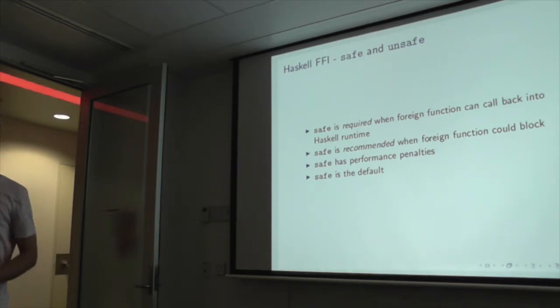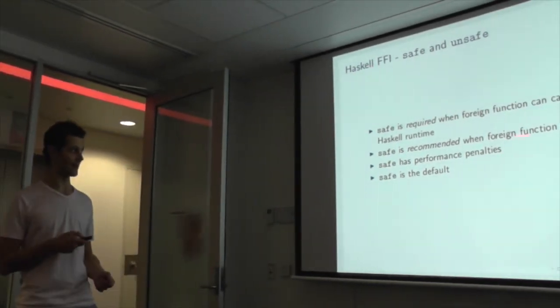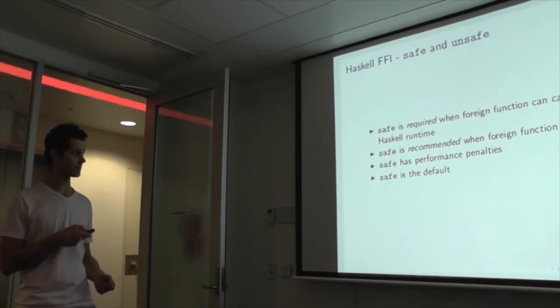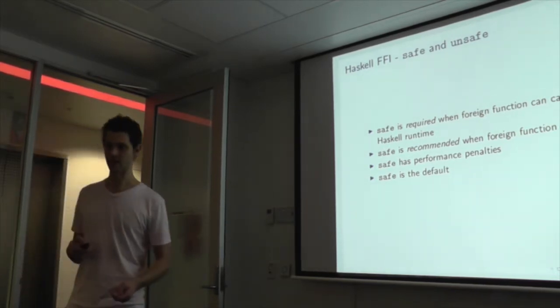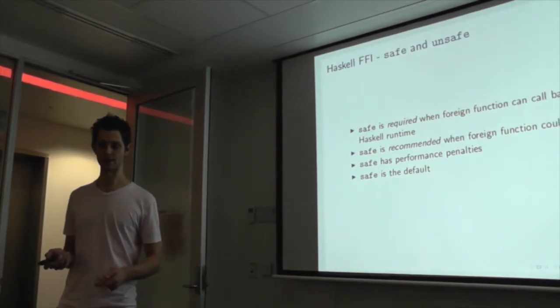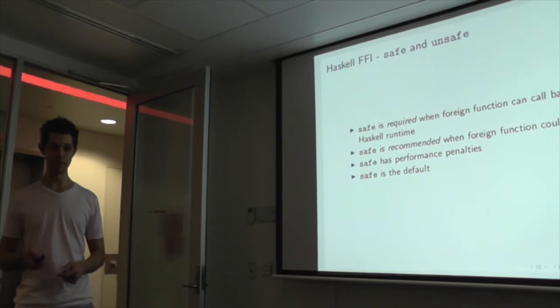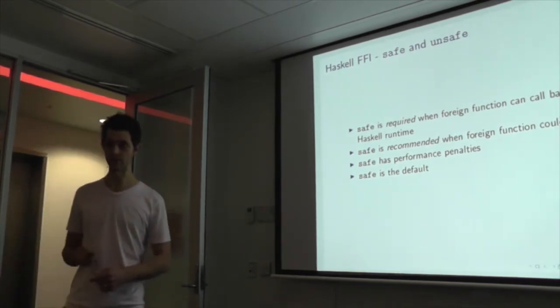But unsafe is usually safe to use. So unless you're aware that any of these are the case for a function you're calling, then it's fine to declare it unsafe, and you will avoid any of the performance penalties associated with the safe declaration.